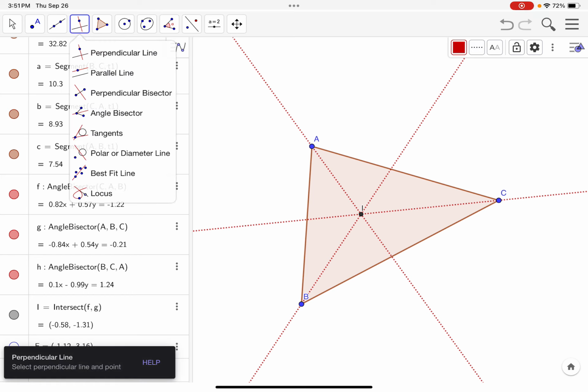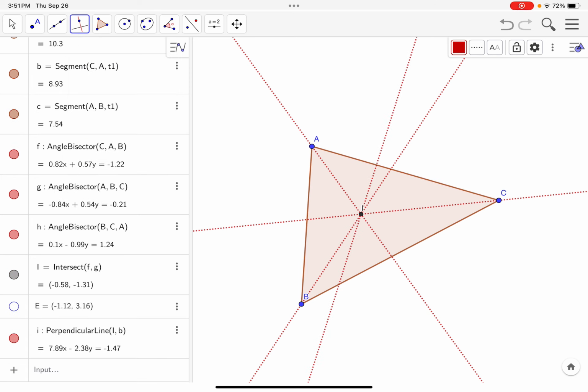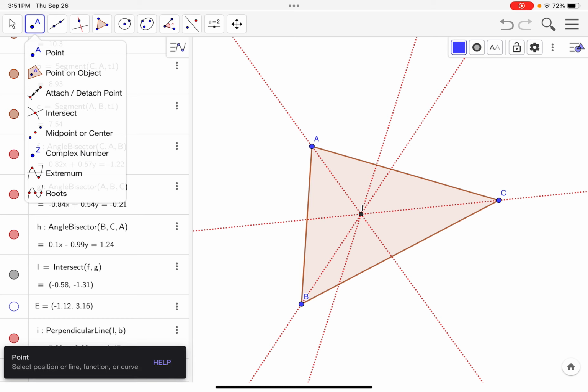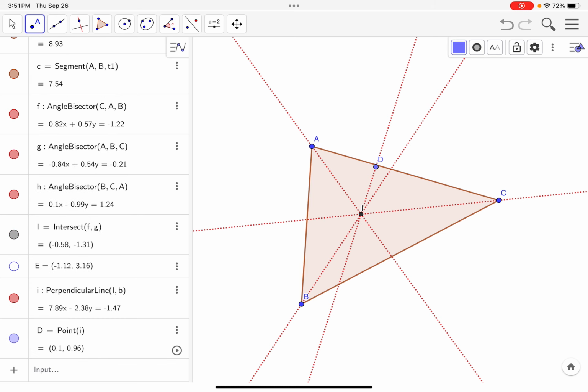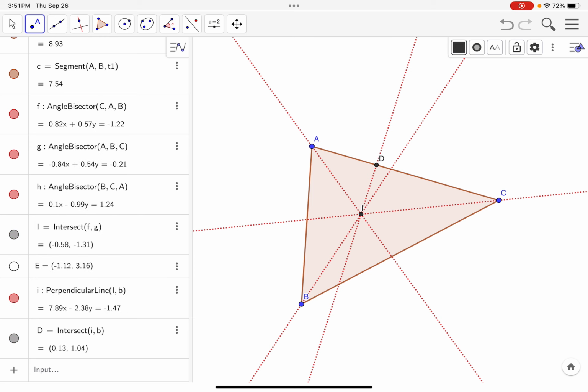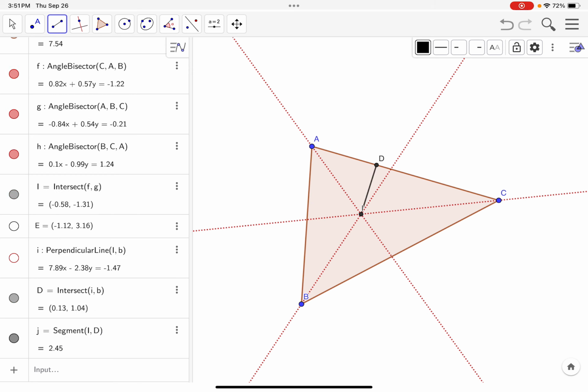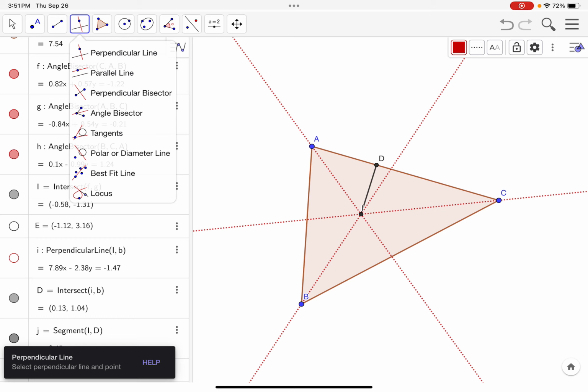So I'll create a line perpendicular to this side passing through I, and I'll find its intersection with the side of the triangle. That wasn't the right one. Let's see here. There it is. So one thing to notice is that the angle bisector doesn't always meet the opposite side perpendicularly, but once we know that perpendicular distance, well, let's do it for all three sides.